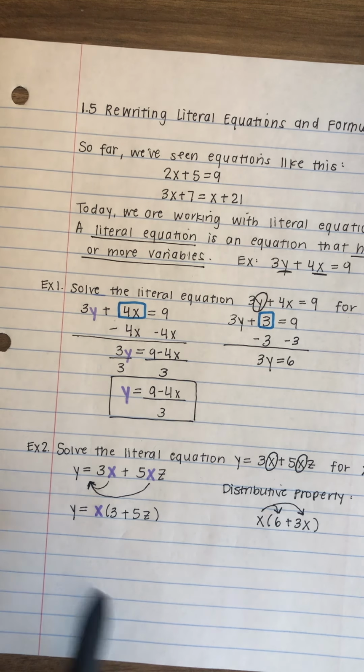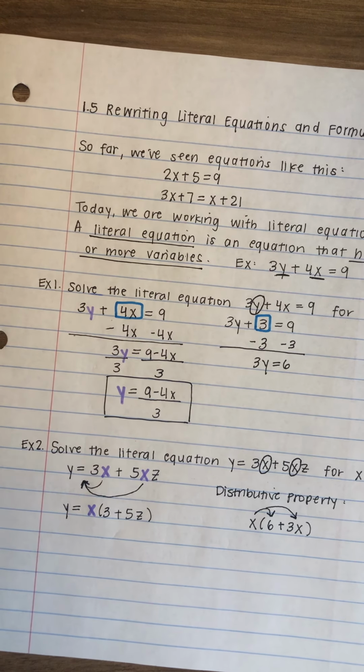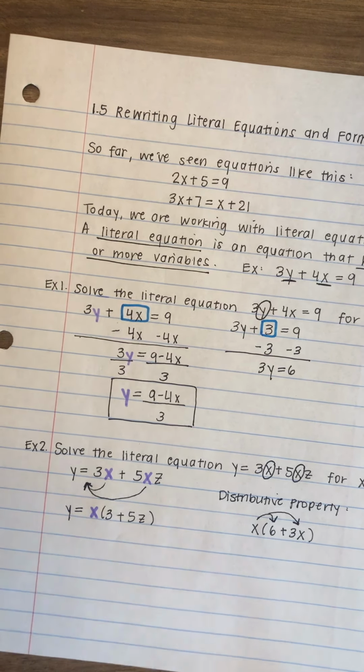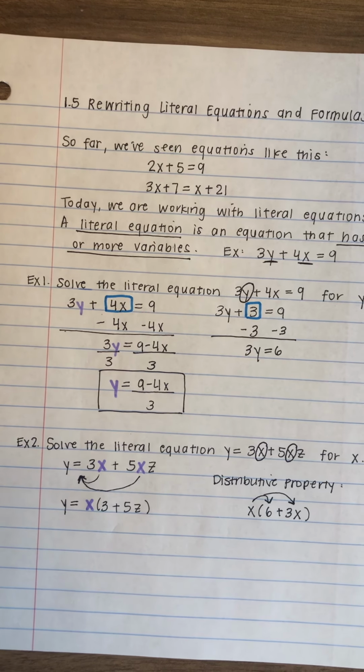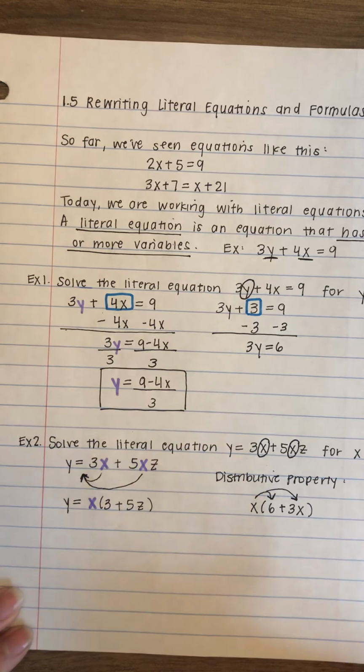And remember guys, when we see a variable outside of a parentheses or a grouping symbol, that always indicates multiplication. So that means there's multiplication happening right here. So to keep isolating our term, we want to undo that multiplication, meaning we want to do the opposite operation or the inverse operation. And in the case of multiplication, the inverse operation would be division.